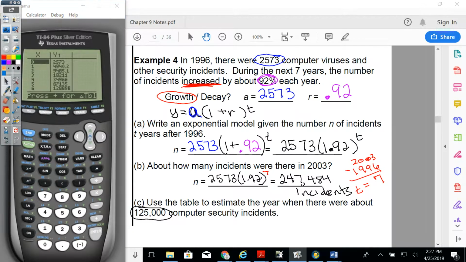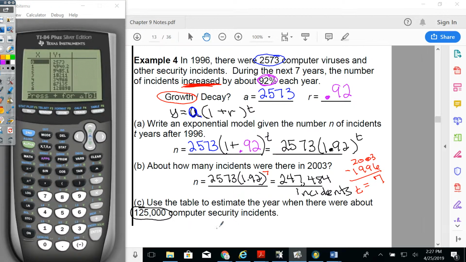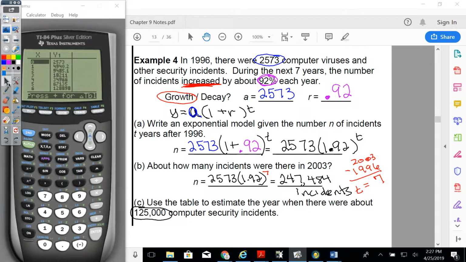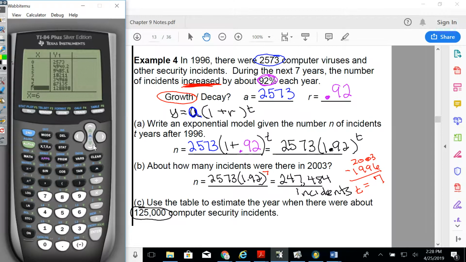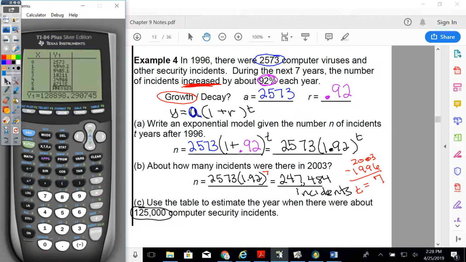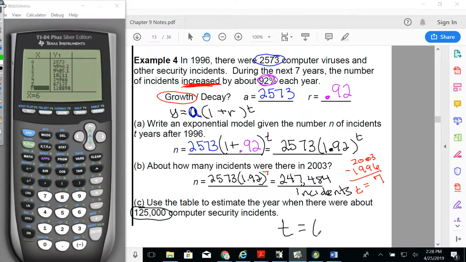We want to see when it gets above this. When's the first time it's above this? So just moving down, this one is the first time it's above 125,000. So we want to say that t equals 6 years. So all we did was take the equation and put it into y1, and we saw when the first time it was above.